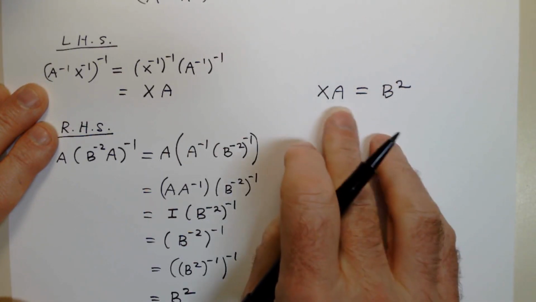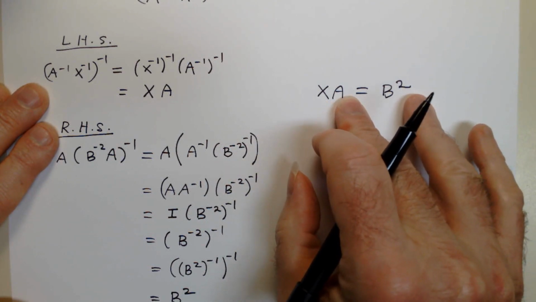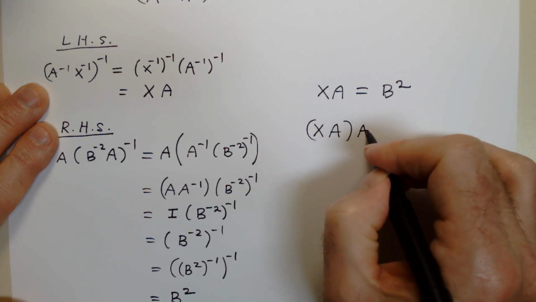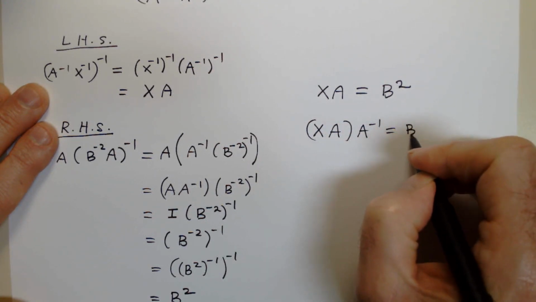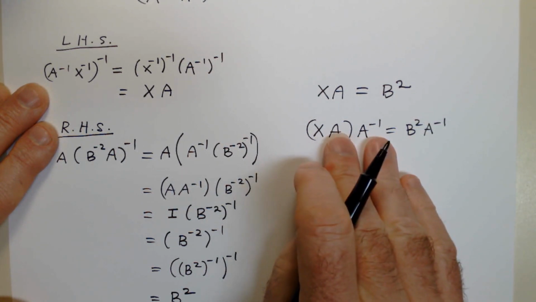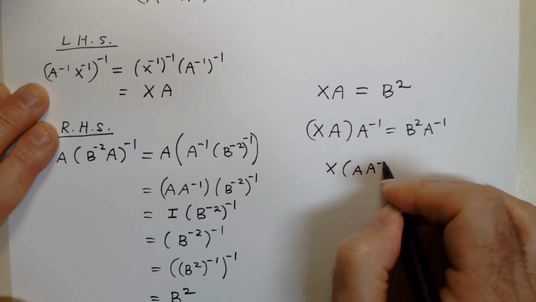And now I still have to solve for X. I'm going to multiply on the right on both sides by A inverse. And once again, I can reassociate and think of this as X times A inverse.